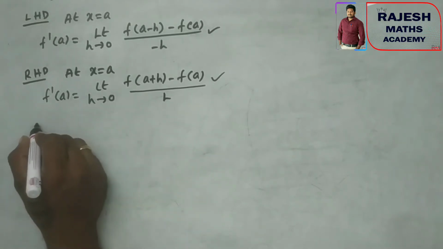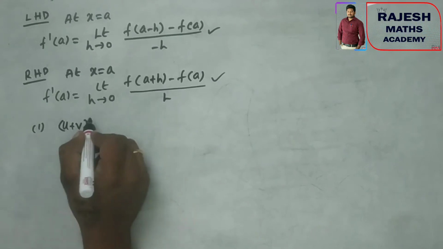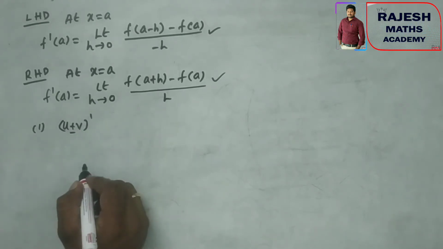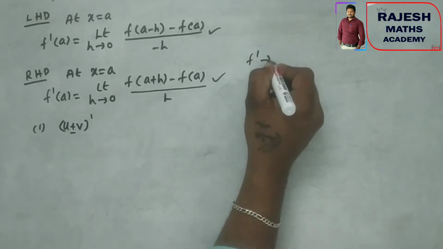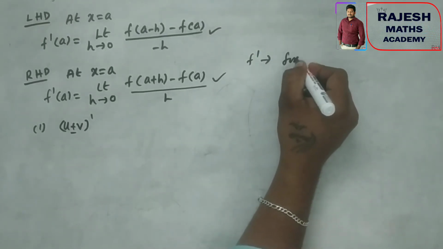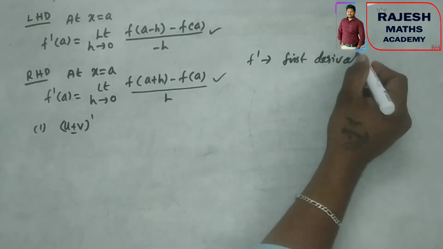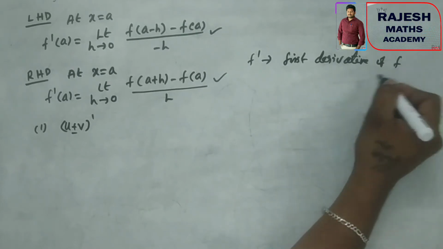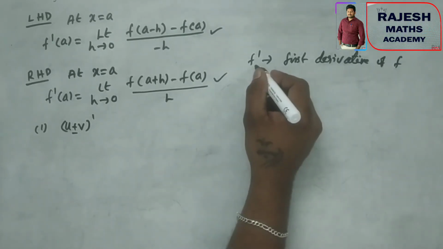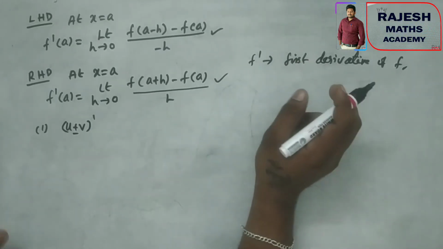So what are the formulas? First one is u plus v the whole dash, or u minus v the whole dash. Here the dash refers to the derivative; for example, f dash means the first derivative of f, and f double dash we will study later.